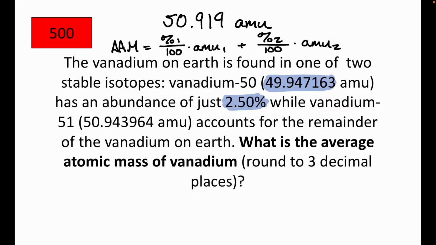So that means 2.5 plus what is going to get you to 100%? And that would be 97.5. So I would take that 97.5, divide it by 100, and then multiply it by this mass here. Okay, so just to be clear, I'll set it up.